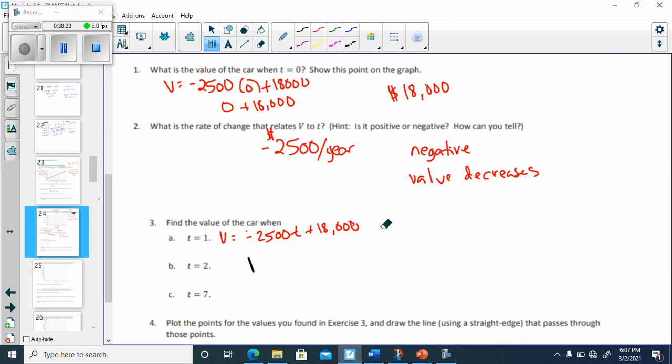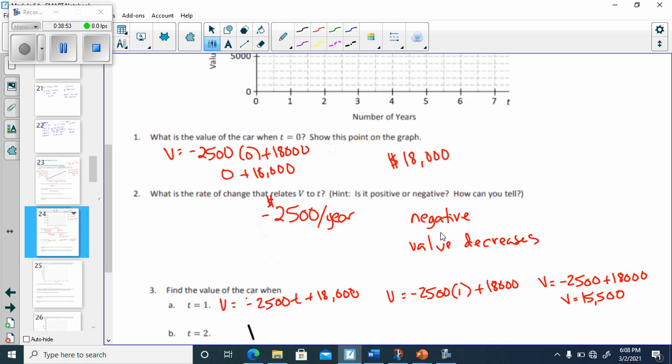So value would be equal to negative 2,500 times 1 plus 18,000, right? Negative 2,500 times 1 would be value is equal to negative 2,500 plus 18,000. So you're saying 18,000 minus 2,500. Your value would be 15,500, right? Okay, after the first year.